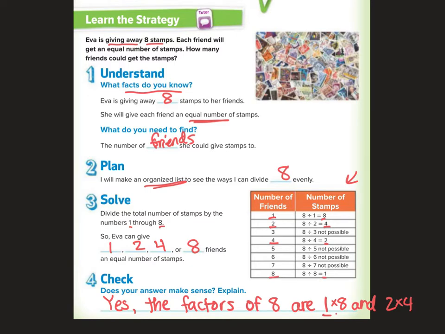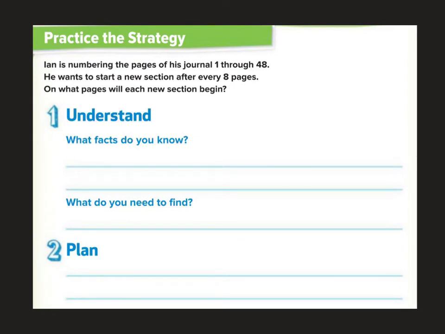Because they're the factors. Next question says, Ian is numbering the pages of his journal, 1 through 48. He wants to start a new section after every 8 pages. On what page will each new section begin? So what facts do I know? We have 48 pages in the journal.